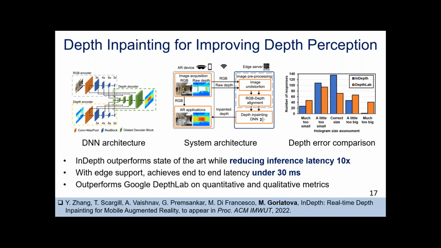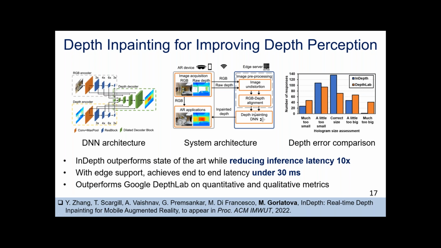We have also compared it with the industry state of the art, that's Google DepthLab APIs for working with depth maps on Android devices. And we have demonstrated that we significantly outperform Google DepthLab on standard measures of error. And we have also demonstrated that this leads to important improvements in user experience with the system as well.